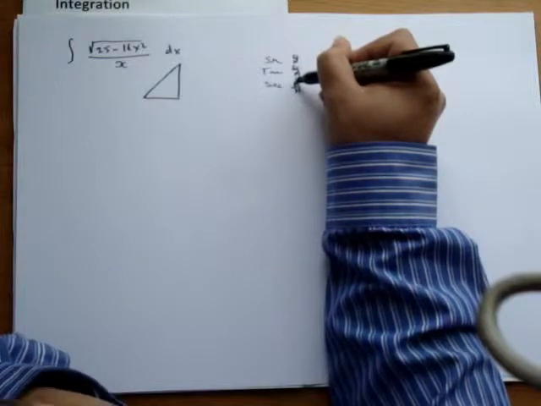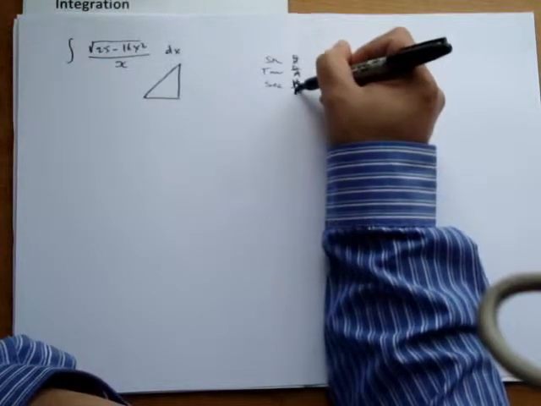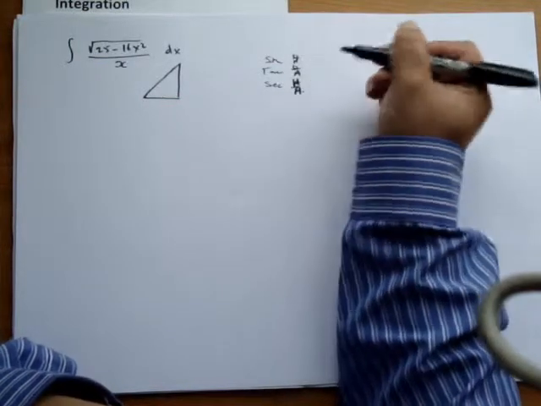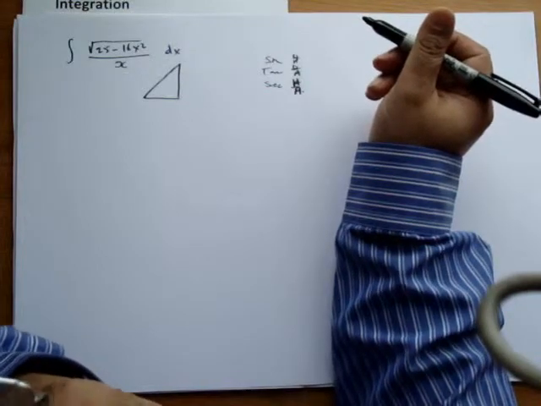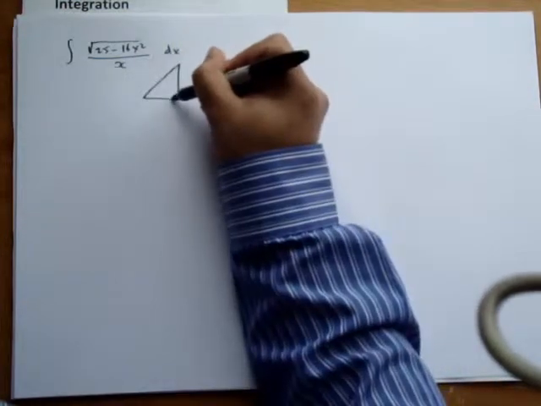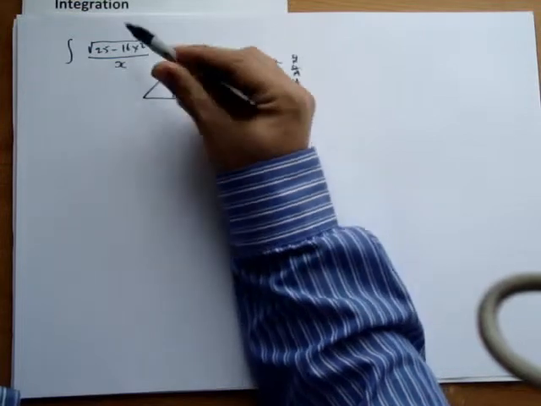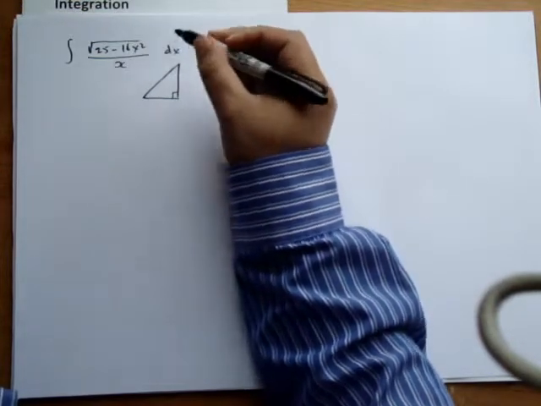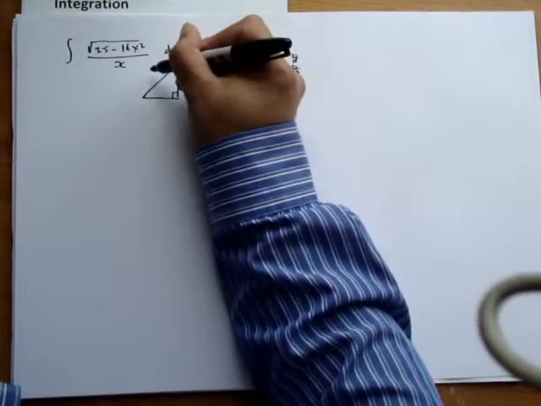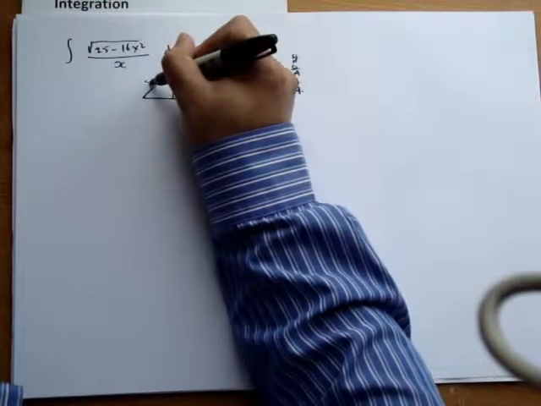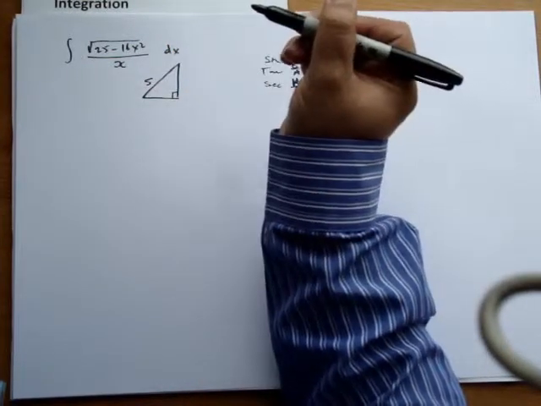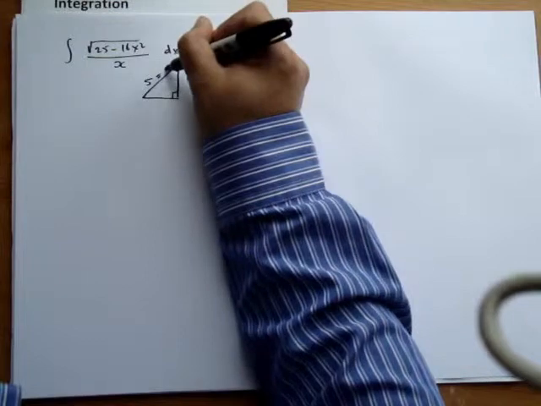That should be hypotenuse over adjacent, sorry, cos, so it's the inverse of cos. Now on our triangle, we know that the 25 as the larger value will be the hypotenuse, so the square root of 25, which is 5, will be 5, and that equals a.